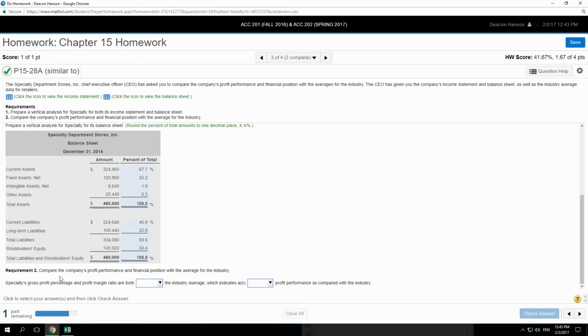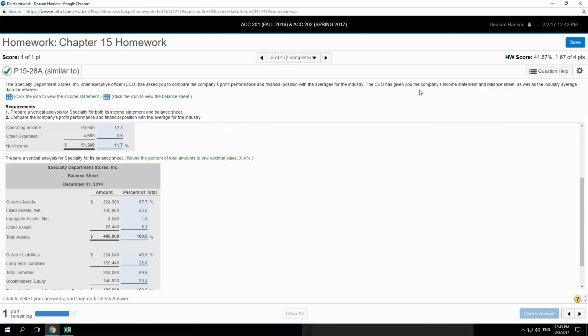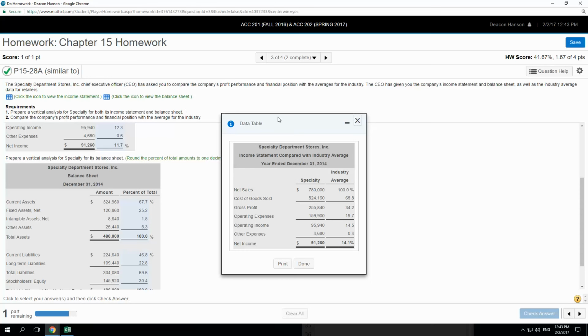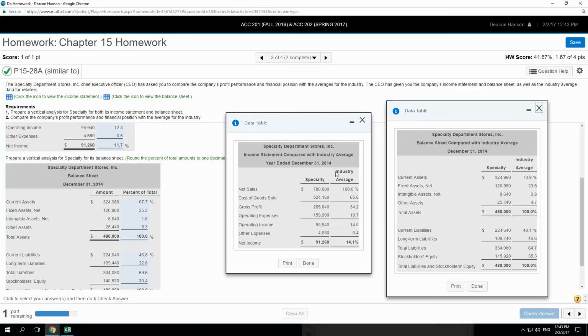Let's see. We're going to compare the company's profit performance and financial position with the industry average. They should have given us the industry average here. Up here, the CEO has given you the company statement and balance sheets as well as the industry average. So let's take a look. Income statement and balance sheet, and the averages are sitting out in the right column.